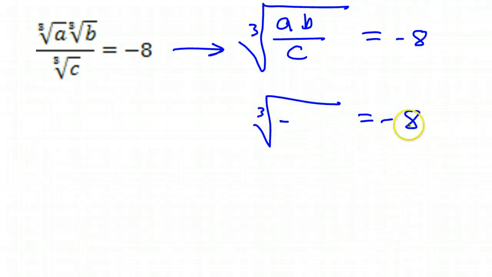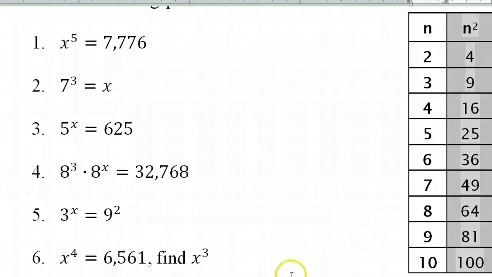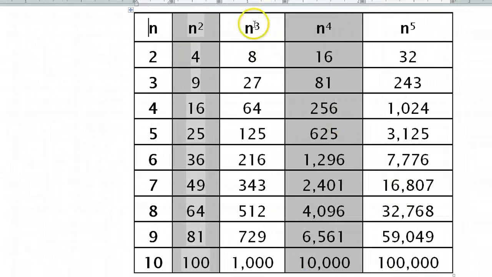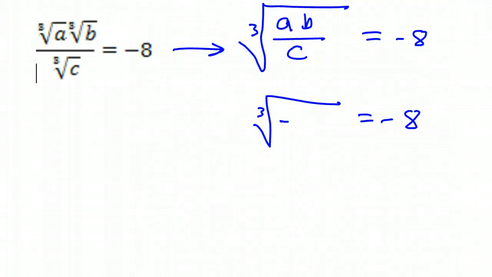I need the cube root to give me 8 for an answer. I know this off the top of my head, but in case you don't, it's just a matter of starting in the cube column and going down, because we need to get 8 for an answer, and you see that it is 512. So the cube root of 512 is 8. That means this has got to be 512. Well, negative 512.